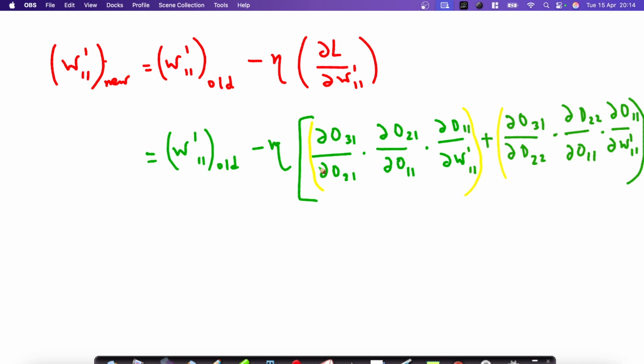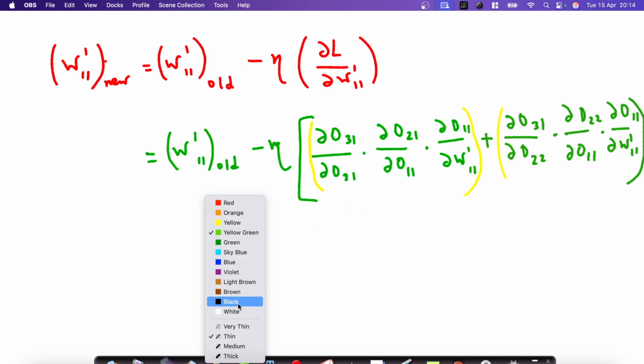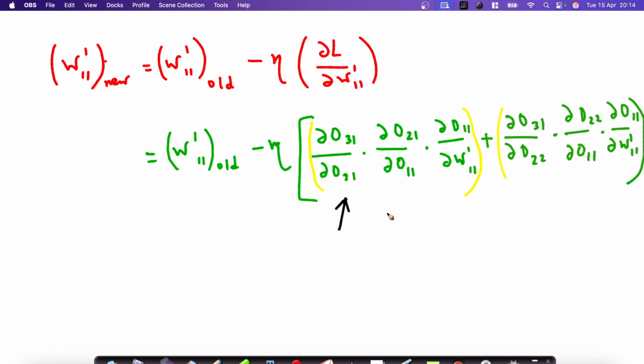So if we expand it, we'll get this. We'll use this as a reference to understand the concept. So what we know is all of these derivatives, these multiplication terms, lie between 0 and 1 because of the property of sigmoid or tanh, right? You will always have these derivatives result within 0 and 1.